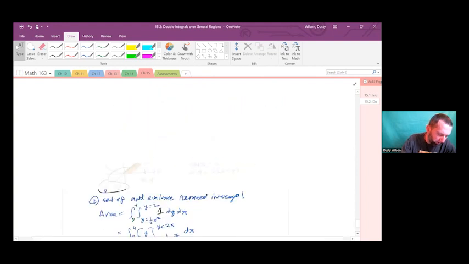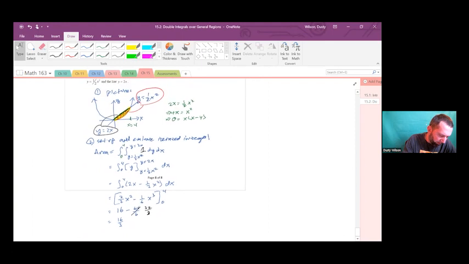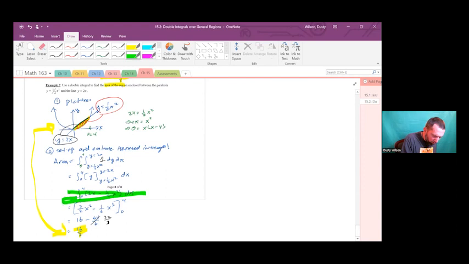So what we're saying here is that the area of this region here is 16 over 3.